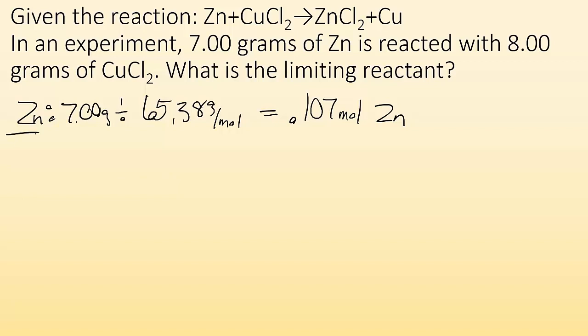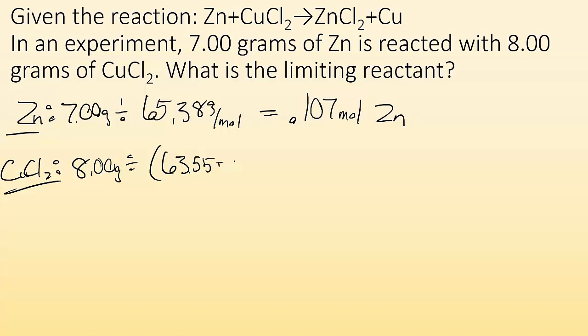All right, so next thing is I have to do the copper chloride, right? So CuCl2. I have 8.00 grams of that, divided by the formula mass, which is going to be the mass of copper, which I look up as 63.55, plus 2 times the mass of each chlorine. And each chlorine is 35.45 grams per mole.